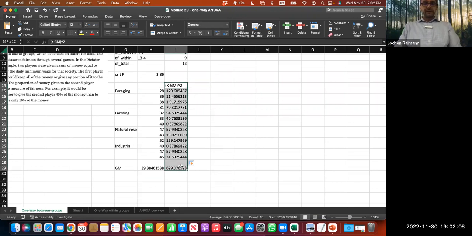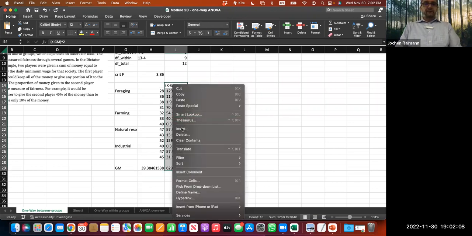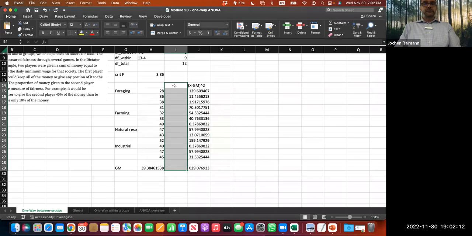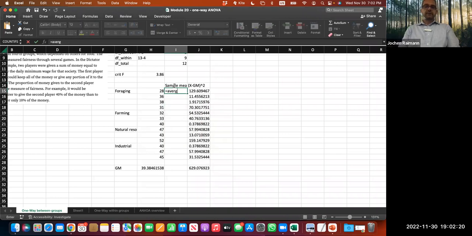Now we will need next a within variability, and for this we're inserting this to the right, and we calculate now a sample mean, which is basically the average of each society that was tested. So we get here 33.25.